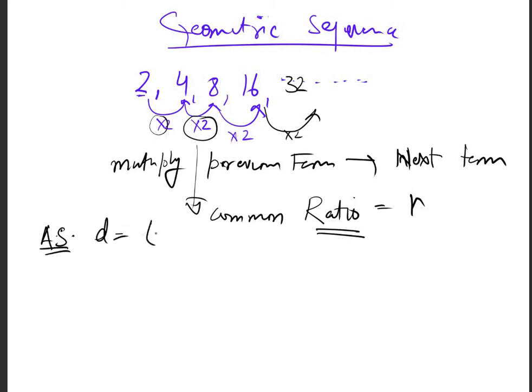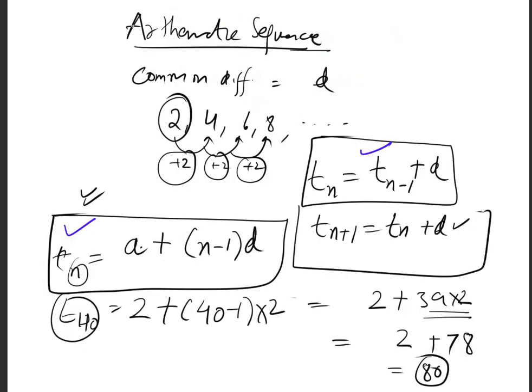What you used to do was t_(n+1) minus t_n. So you were subtracting the two terms and getting the difference. So in here, we are subtracting. I subtracted 2 from 4 and I got this 2.